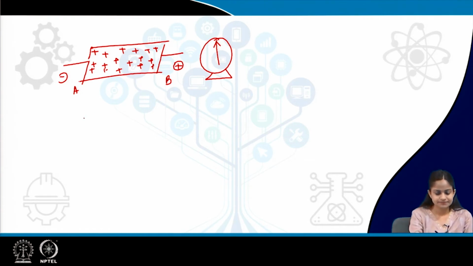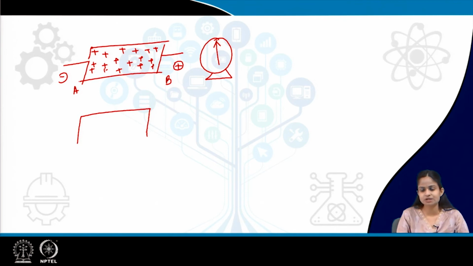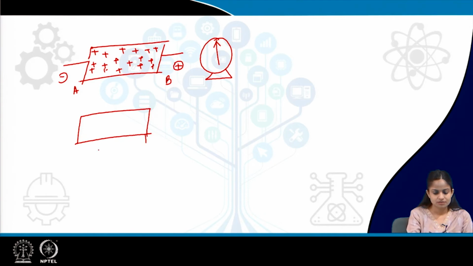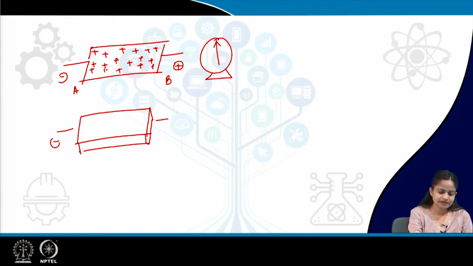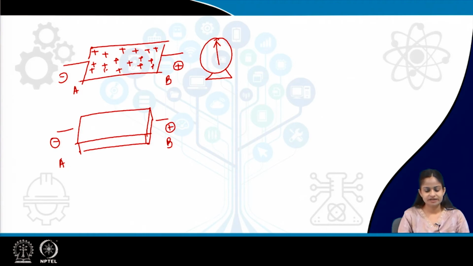Now, the second case: if I want to increase the thickness of this myocardial cell, suppose this myocardial cell is much thicker than the previous one. The thicker the myocardial cell, and we give a stimulus at one end, there will be more depolarization because of the more number of myocytes and more number of gap junctions.